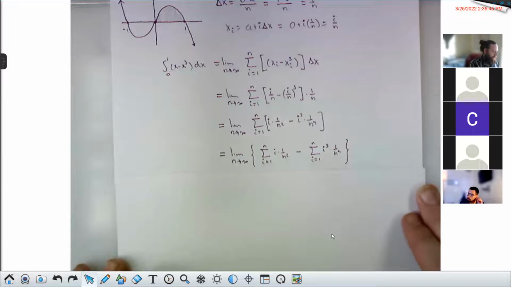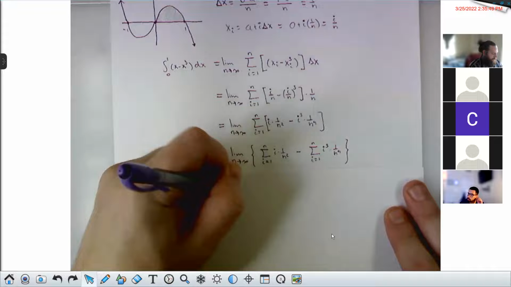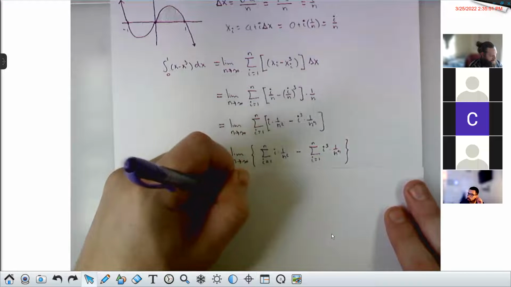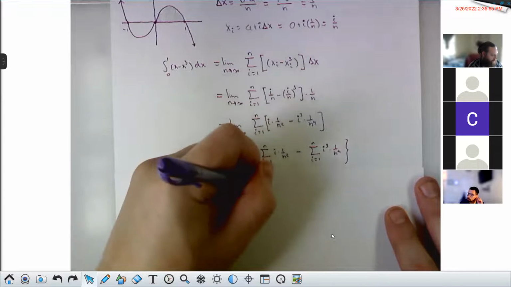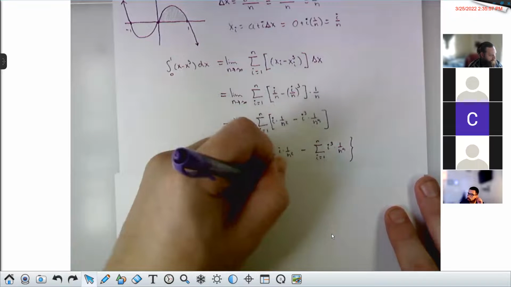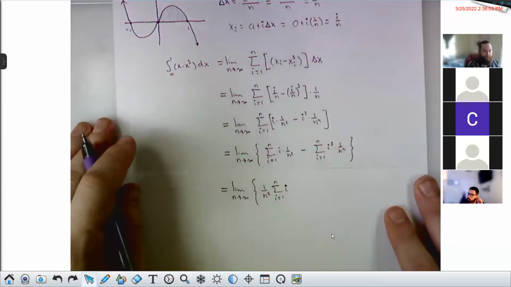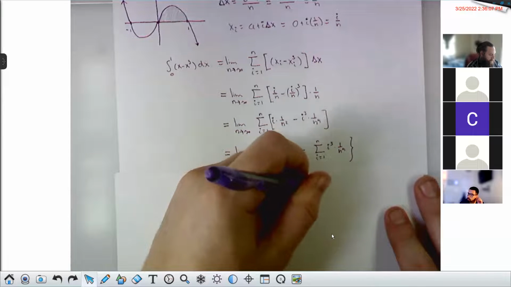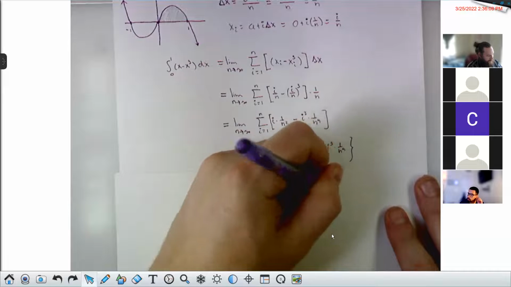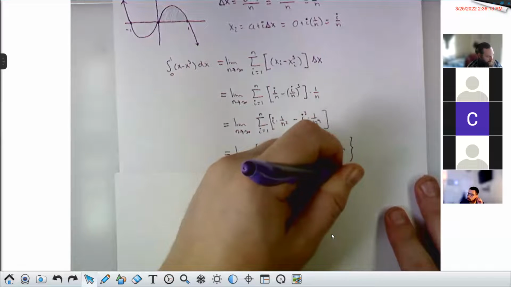If you're being very careful about your notation, you might bring the 1 over n stuff out. So this is 1 over n squared, sigma i from 1 to n of i, minus 1 over n to the 4, sigma i from 1 to n of i cubed.